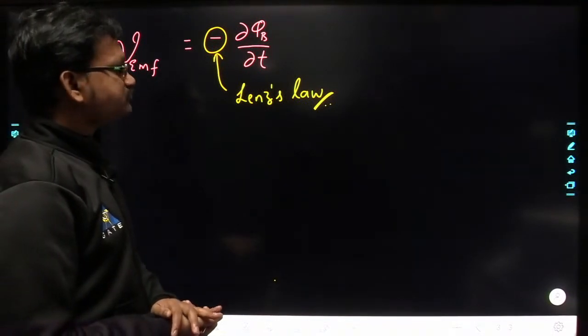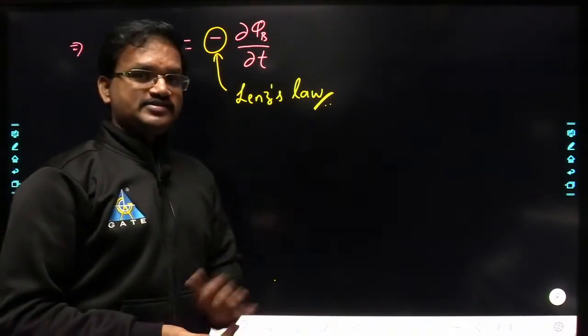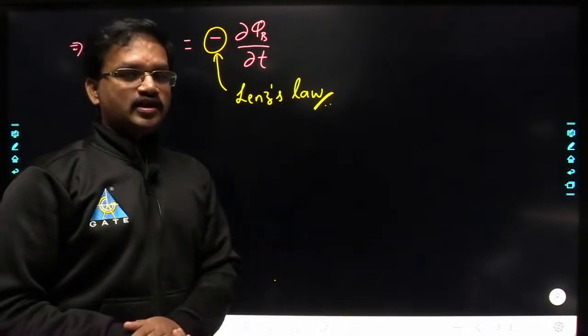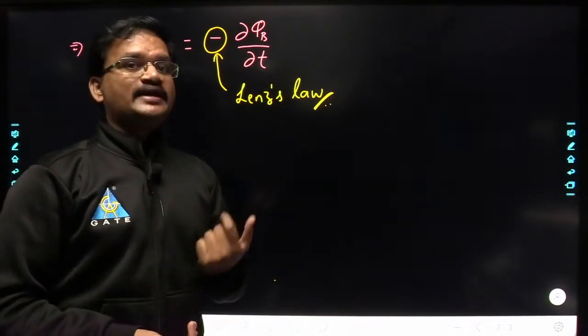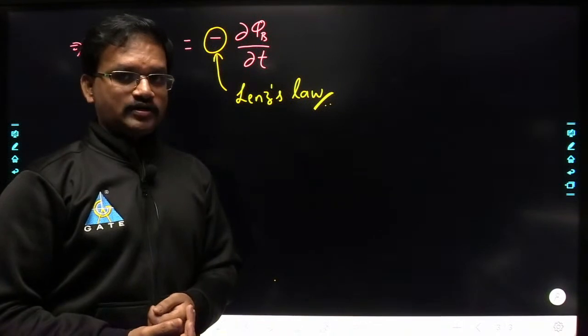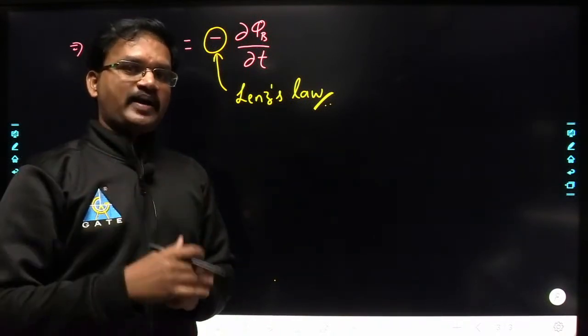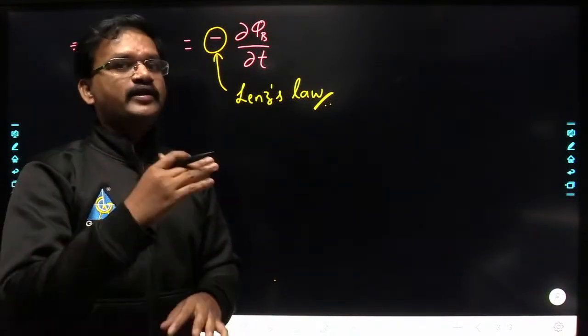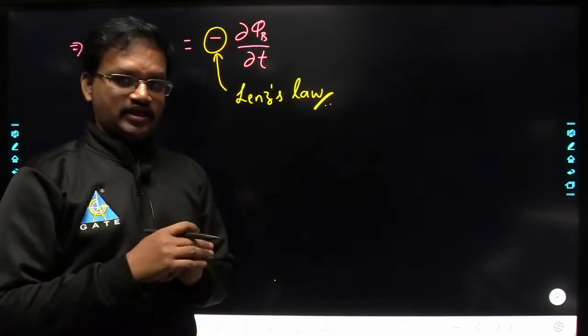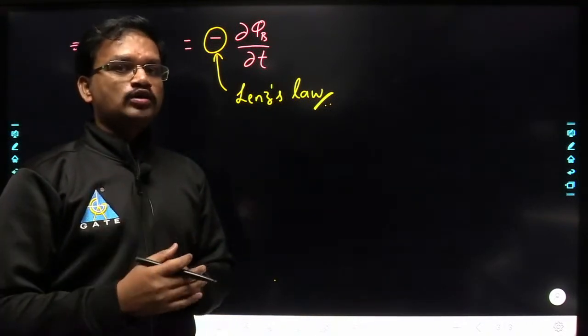The purpose of Lenz's law is that with its help we can determine the direction of the induced current. Whenever there is a change in magnetic flux, we know there will be an induced current because of the induced EMF, but we don't know the exact direction.